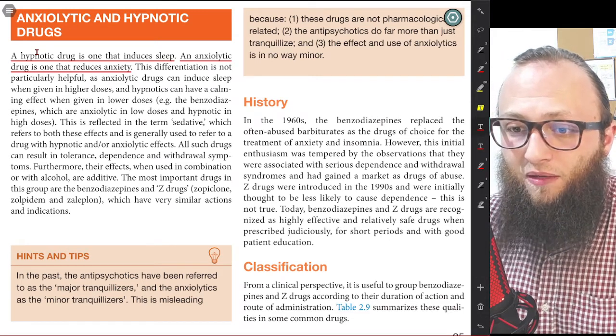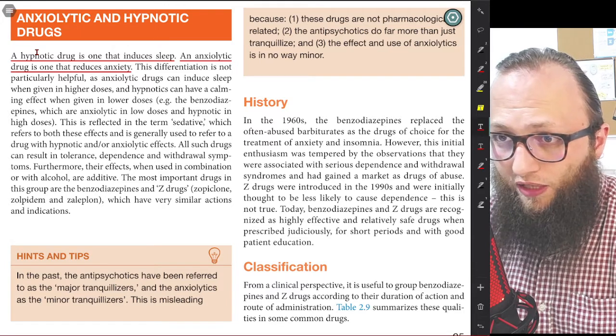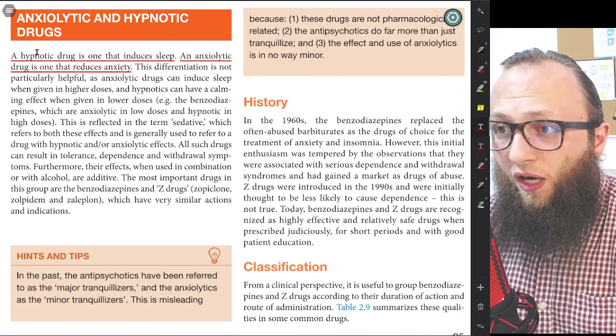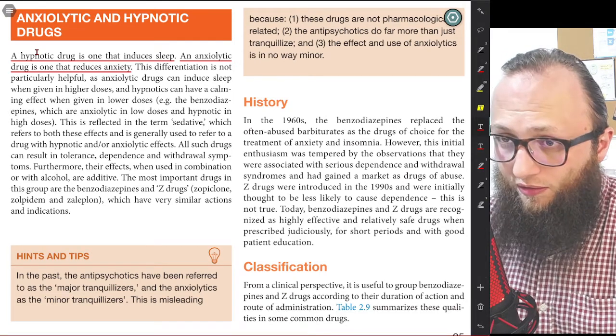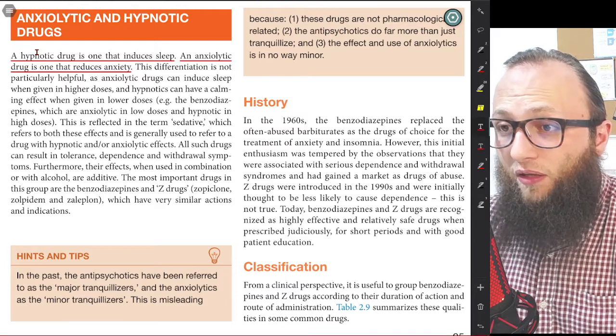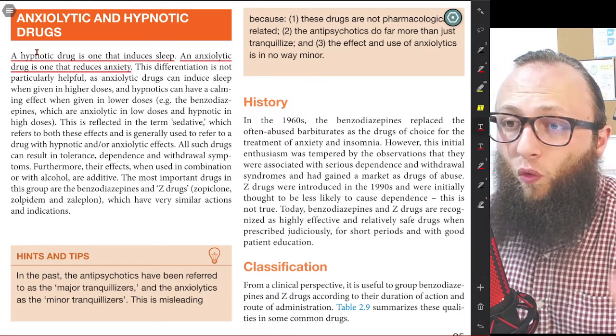This is misleading because these drugs are not pharmacologically related. The antipsychotics do far more than just tranquilize. And third, the effect and use of anxiolytics is in no way minor.